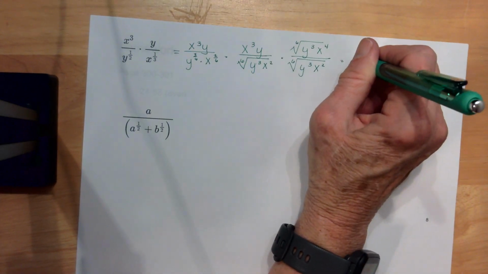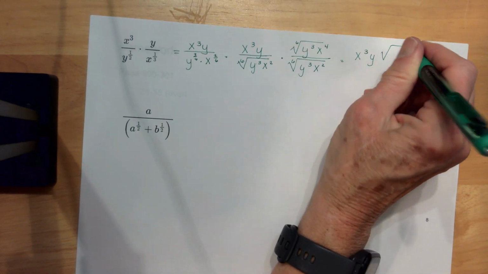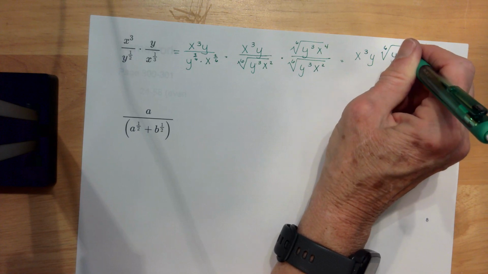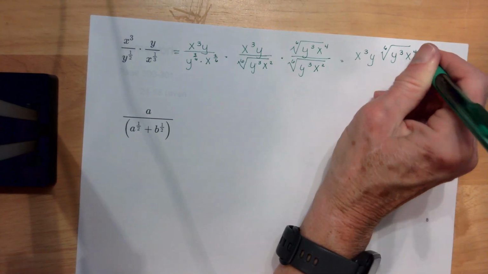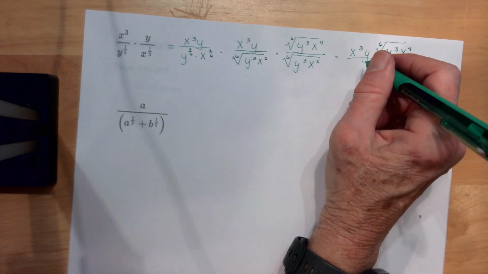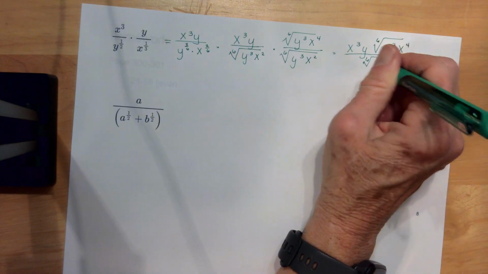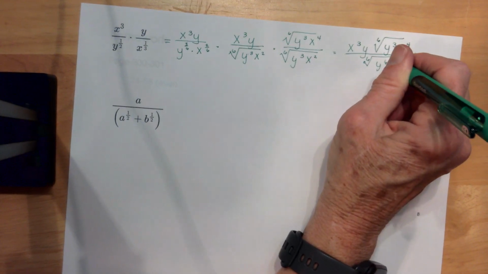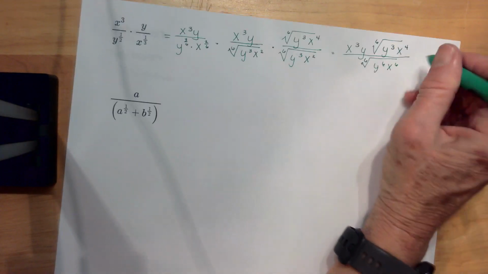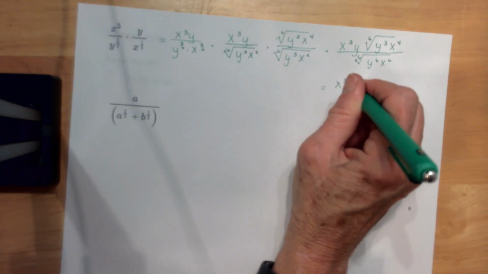So up here, I've got x to the 3rd y on the 6th root of y to the 3rd, x to the 4th, over the 6th root of y to the 6th, x to the 6th, which again, on the bottom I'm going to lose my radical on the bottom.